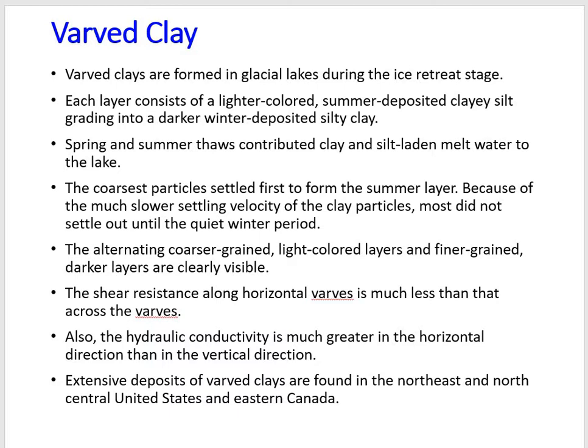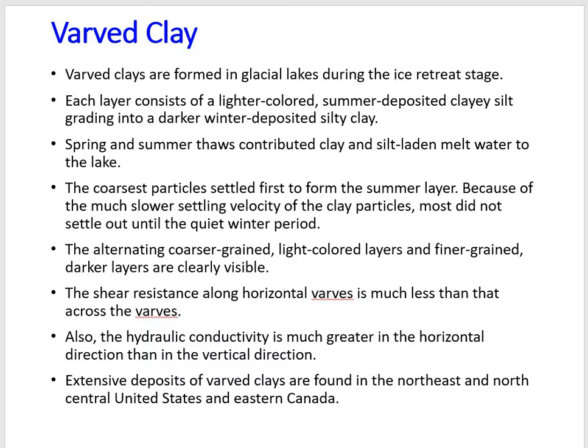The coarser silt particles settle to form the summer layer, and the fine particles, which take time to settle because they remain in suspension in the water, settle as the winter comes to form the second layer. So this varved clay is a combination of alternate layers of light colored fine grained particles as well as dark colored fine grained particles.